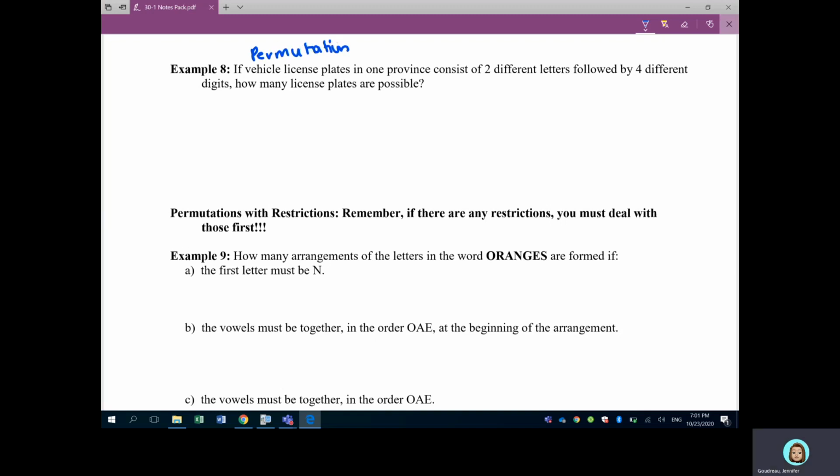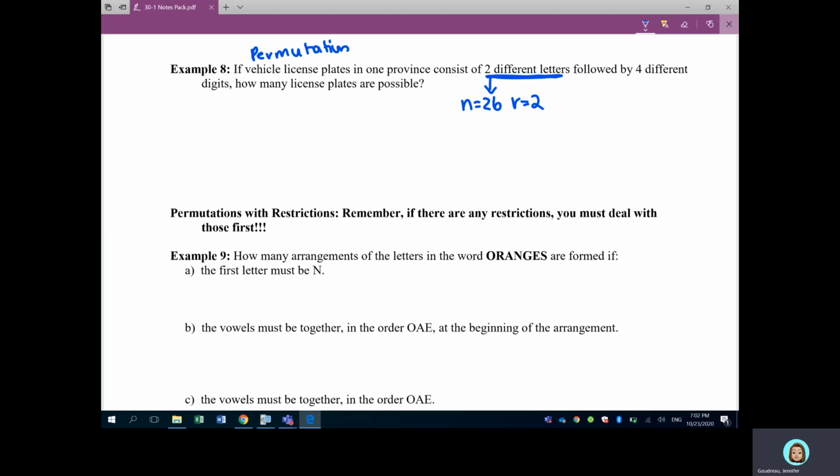Now, we are dealing first of all with 2 different letters. For that part, we have n equals 26, and that 26 is coming from the number of letters in the alphabet, but we only need to arrange these letters 2 at a time. So r would be equal to 2 for that part of the arrangement.